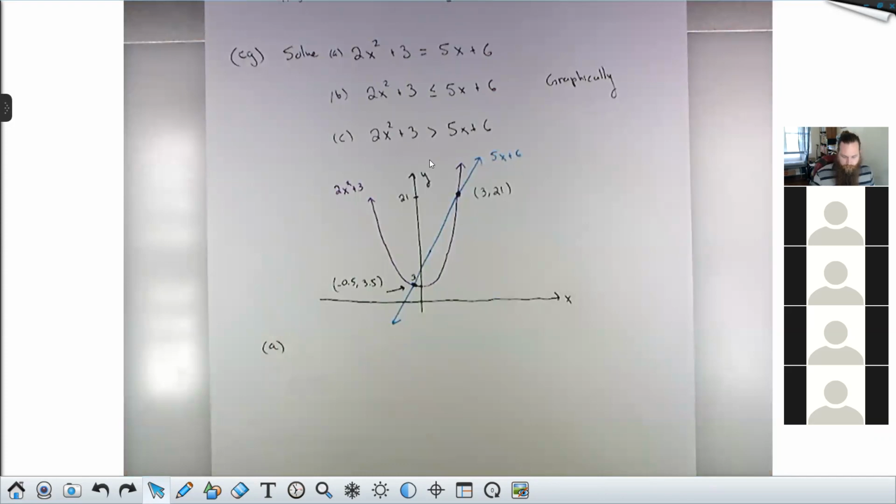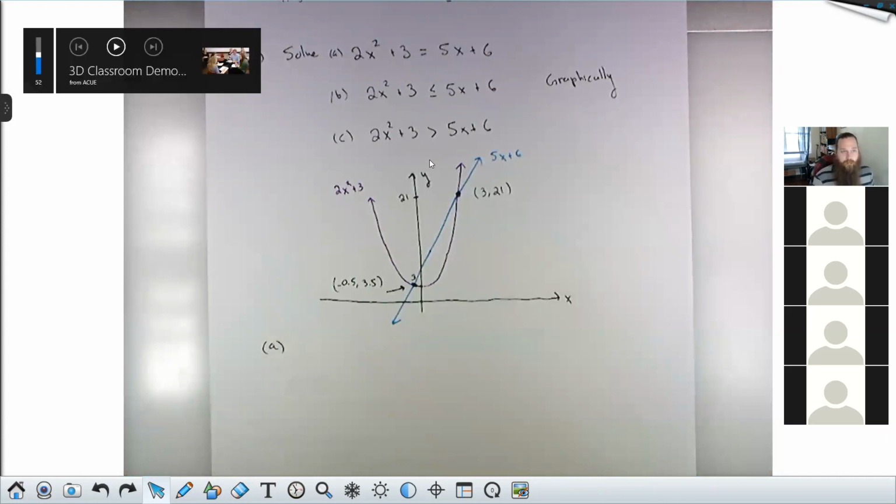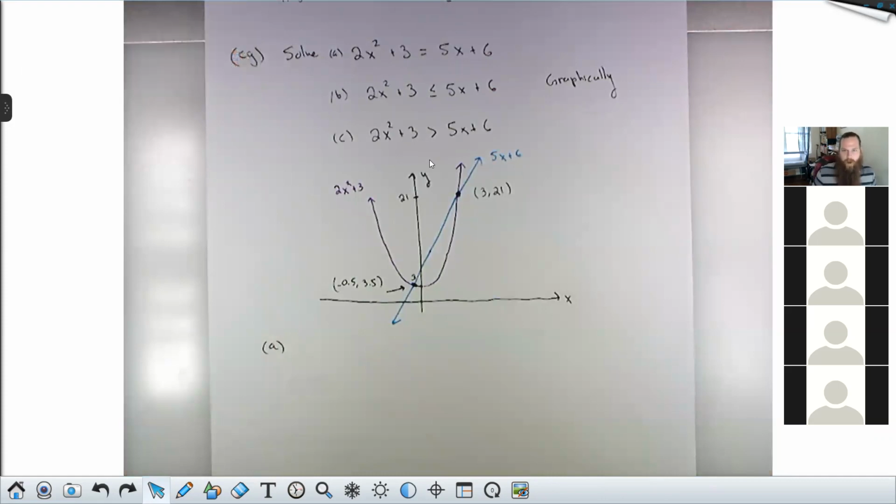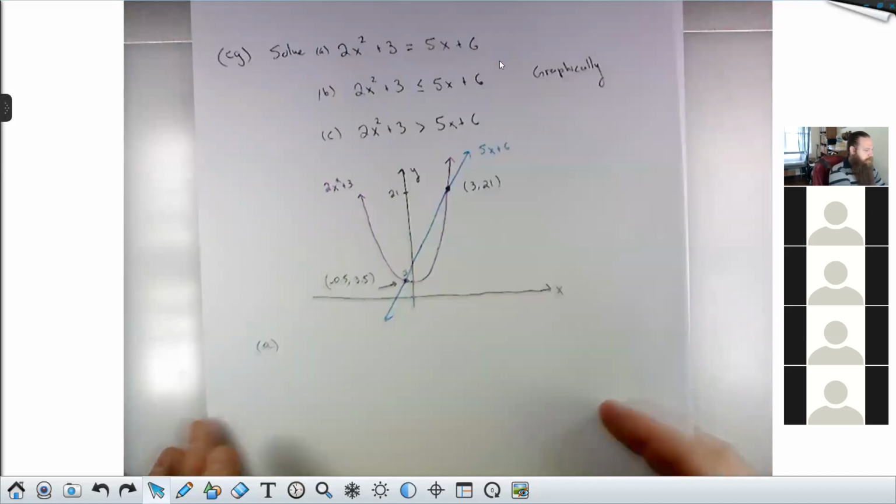Distance. Could you say that one more time for me, Erica? The distance. Not a distance necessarily. So I'm looking for a place where 2x squared plus 3 is equal to 5x plus 6. So think about what we had up here previously.